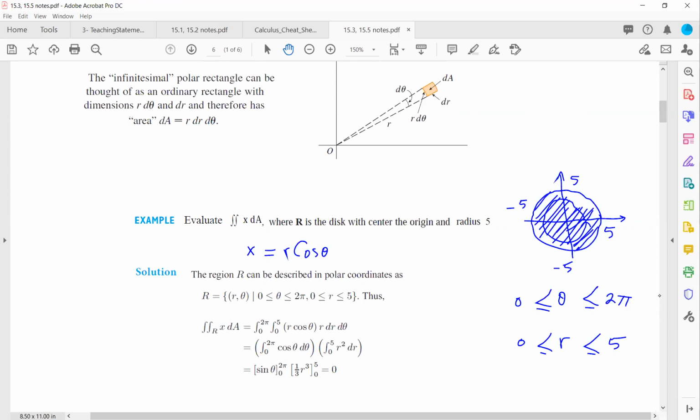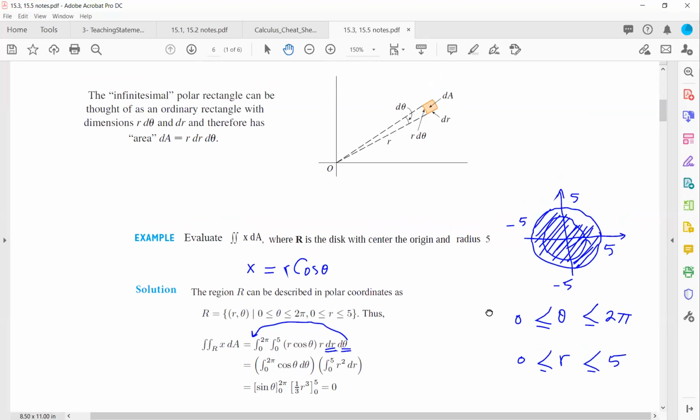Perfect. Our double integral can be written as the inside integral with respect to r, and the outside integral with respect to theta.